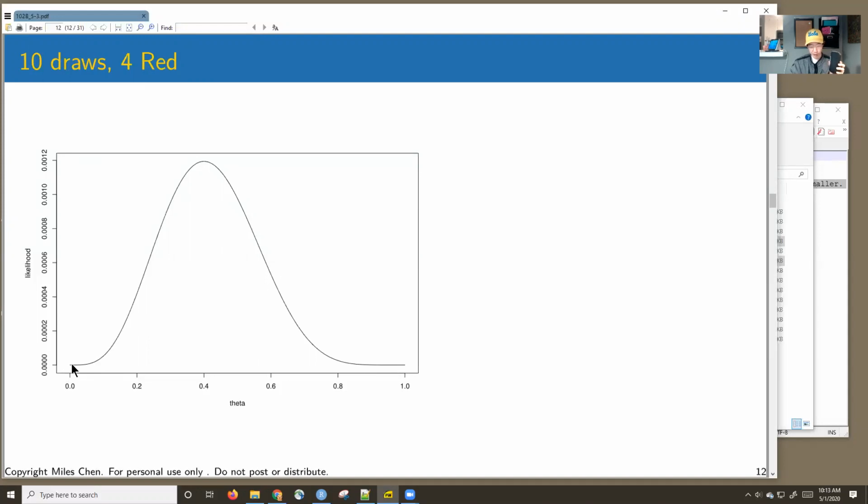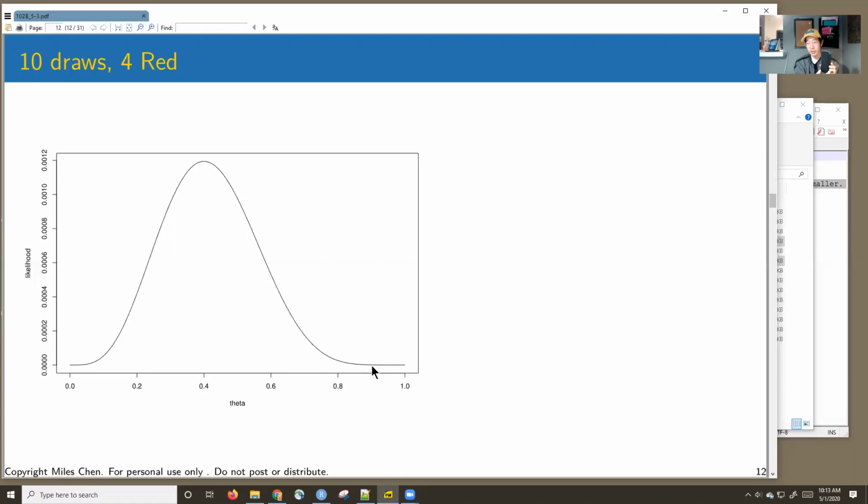If the proportion is 0% red, then the likelihood of getting 4 red is 0. If the proportion is 100% red, then the likelihood of us getting 4 red and 6 blue is also 0.